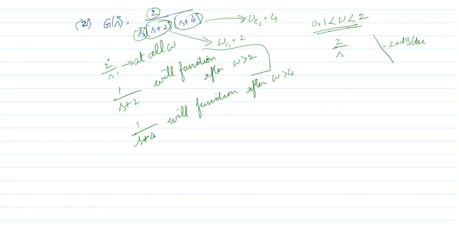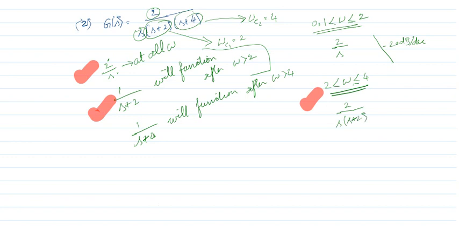Okay, then what happens when omega is greater than 2 and less than or equal to 4? Greater than 2 means this term is going to function, this term is going to function, right? So it is 2 divided by s into s plus 2.